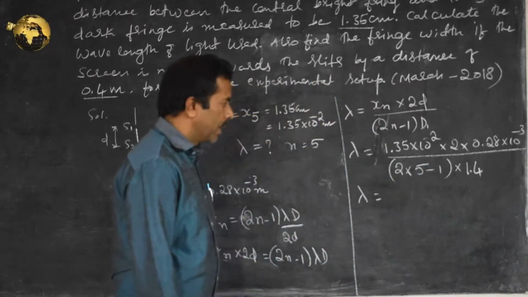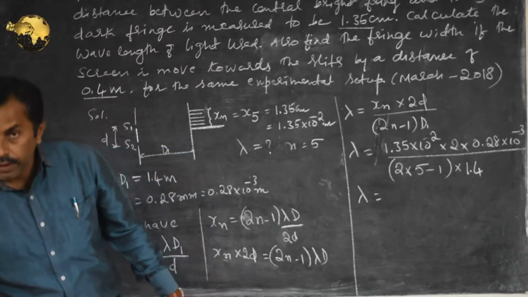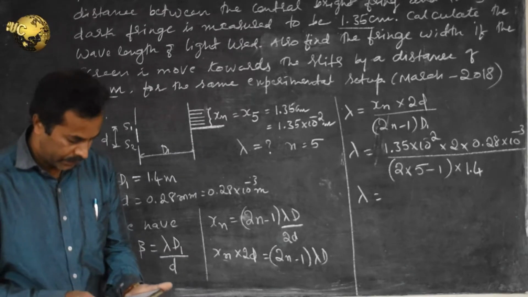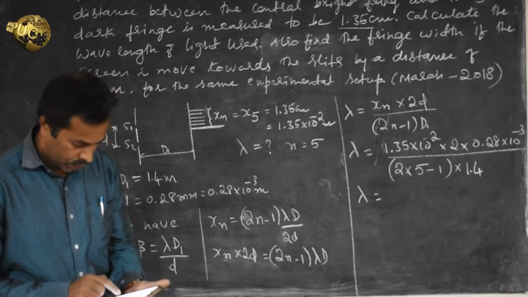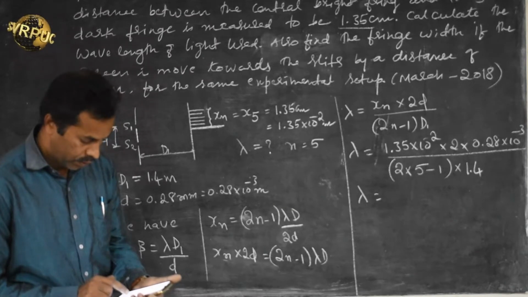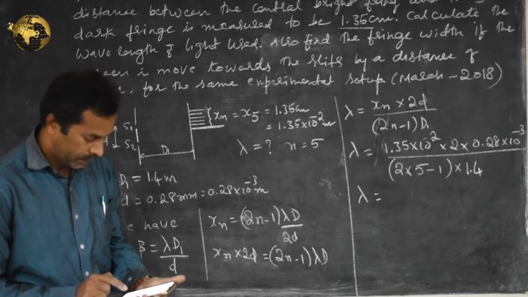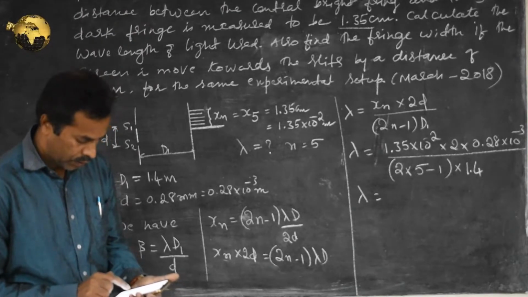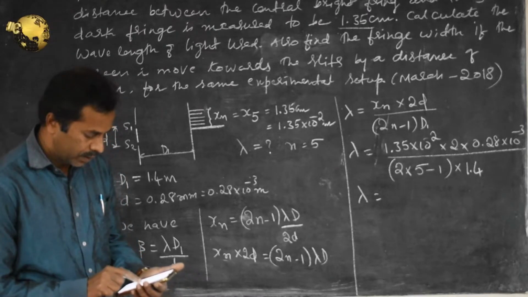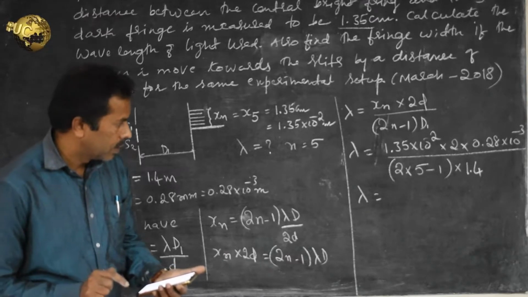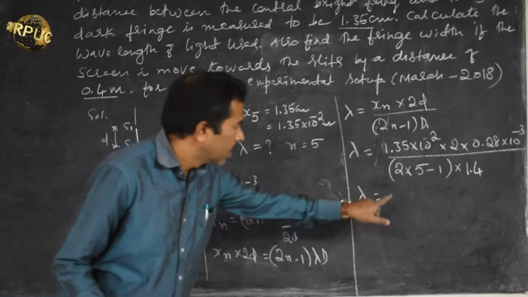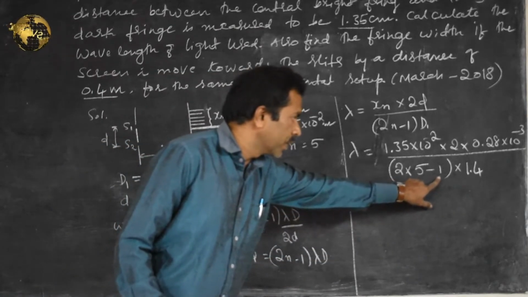Therefore, lambda is equal to 1.35 multiplied with 2 multiplied with 0.28, this whole divided by 2 fives are 10, 10 minus 1, 9.